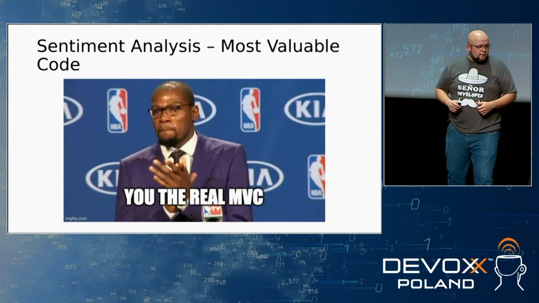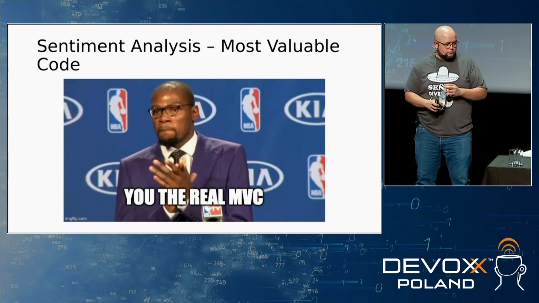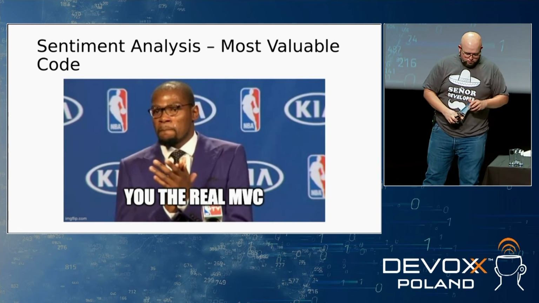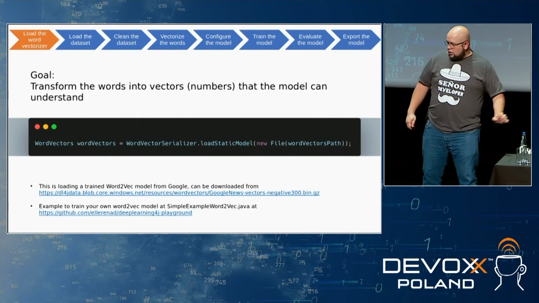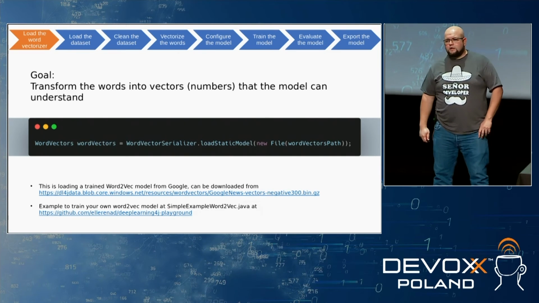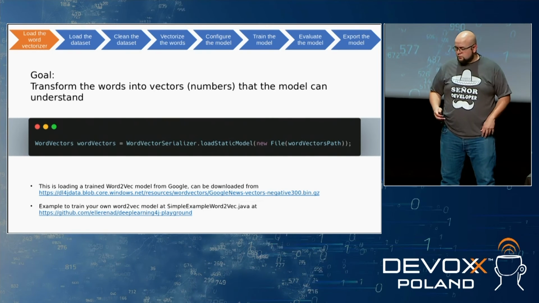So let's have a look at the most valuable code. So first, we load the word vectorizer. In this case, we're using one from Google. It's already trained.